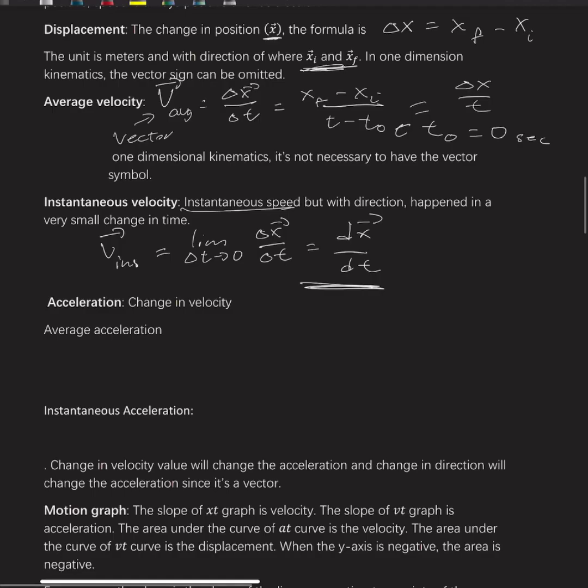The acceleration, it's just a change in velocity, the average acceleration. The acceleration can be denoted by a, and there's a vector symbol here. This is a vector. Average acceleration is equal to the change in velocity over change in time, which you can write as velocity final minus velocity initial over time, where velocities are vectors.